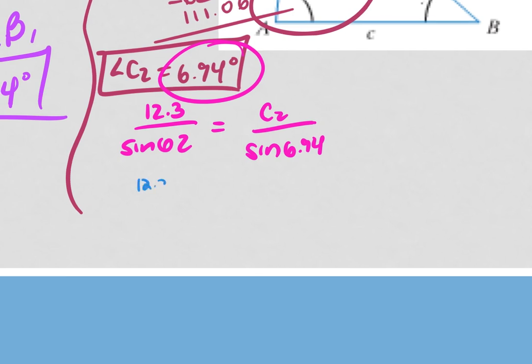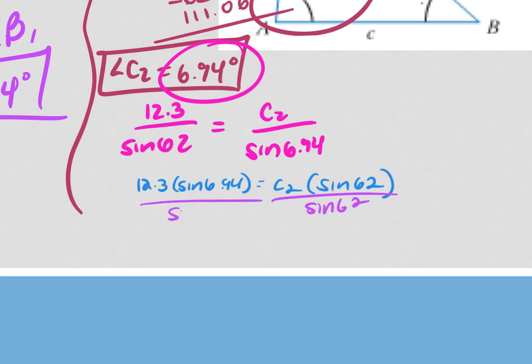Cross multiply. And divide. 12.3 times the sine of 6.94 divided by the sine of 62. And I get C2 is 1.68.